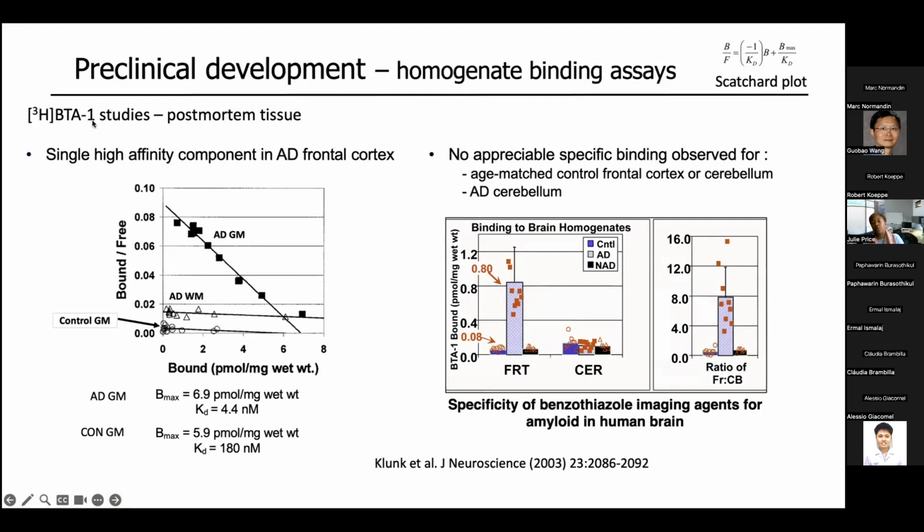This is a precursor of PIB. These are tritiated BTA-1 studies. But when comparing elderly controls to AD tissue to people who had dementia, but not of the Alzheimer's type, you could see that really the binding of this precursor to PIB was quite high in the frontal cortex, but low for the other groups, and then similar across the cerebellum, suggesting that that would be an appropriate reference region moving forward in vivo.